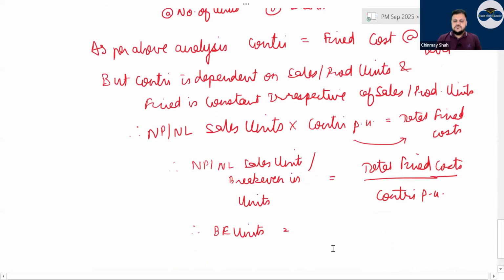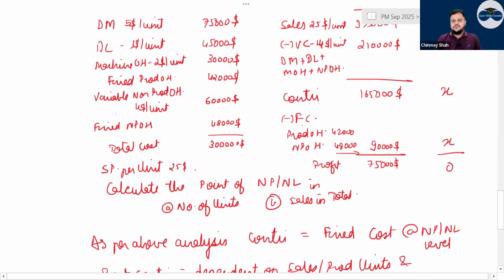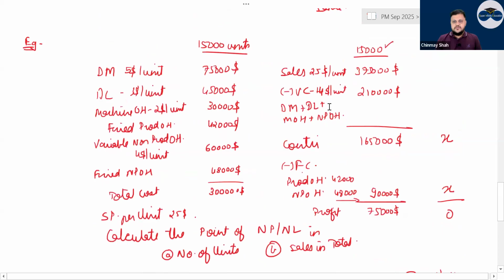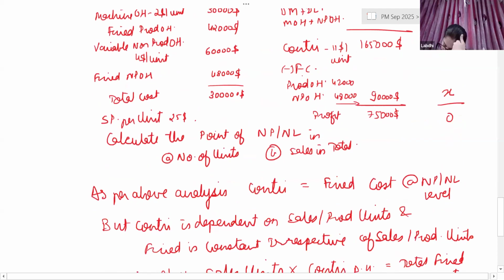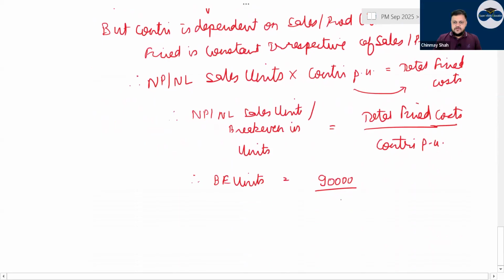90,000, correct? So 90,000 divided by how much is contribution per unit? 11. Correct. So 90,000 divided by $11 per unit.